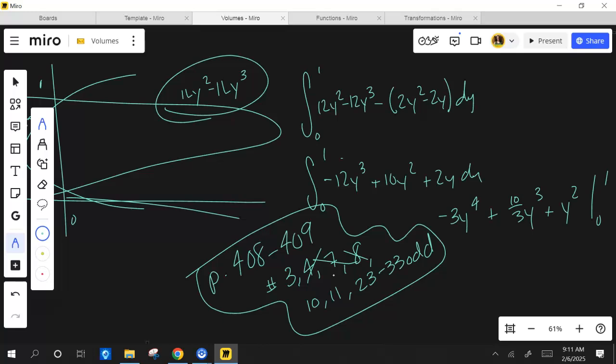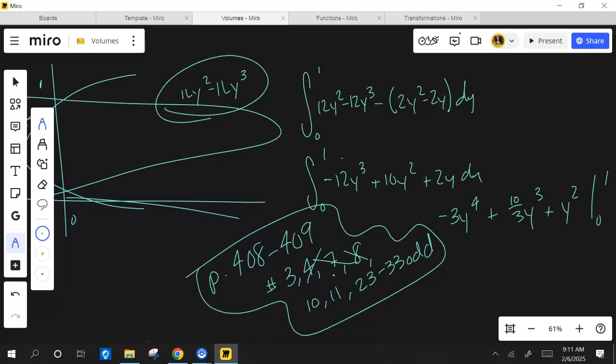No, it's 10. 9's not on there. 10, you do right to left. I mean, you could do it the other way, but you wouldn't. If you do right to left, you don't have to split the bounds up. If you do it the way it is, you'd have to do from 0 to 1 of x squared and then from 1 to 2 of the other.